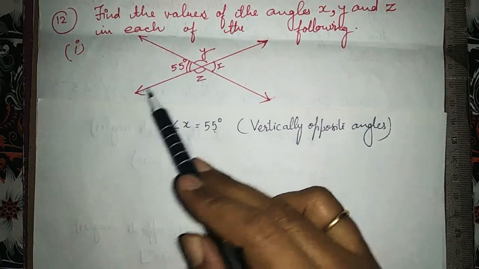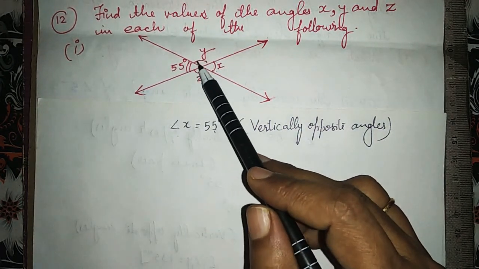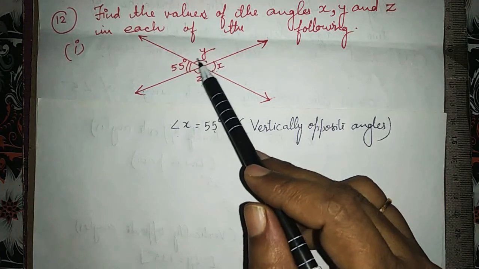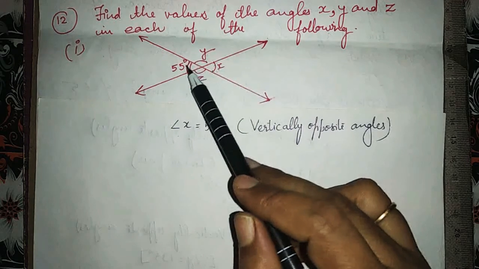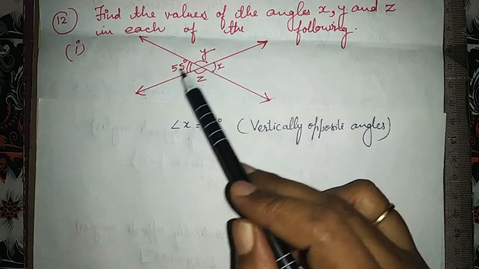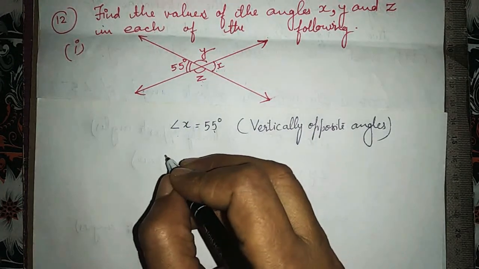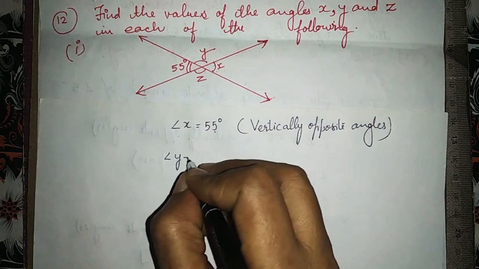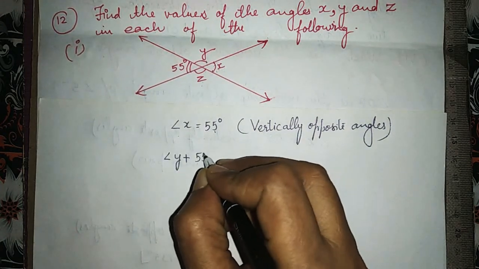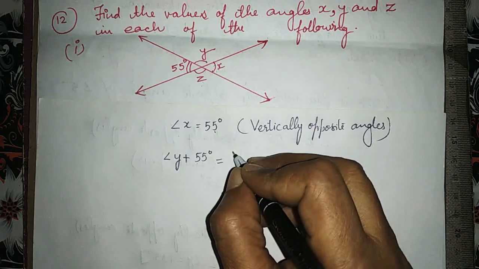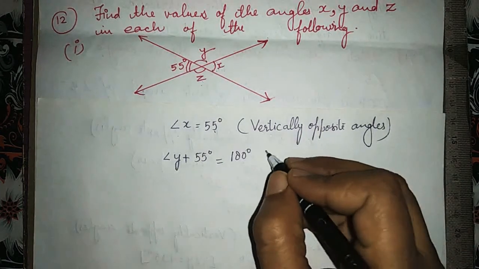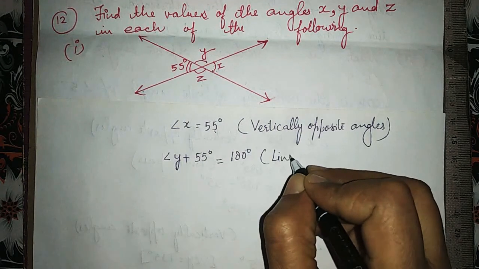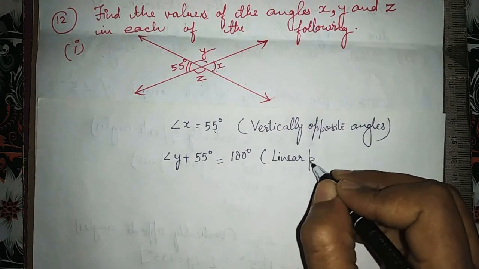Now after calculating the value of angle x, we will find the measure of angle y. Here we can see this 55 degree angle and this y. They both are on this straight line, so they are forming a linear pair. So here we will write angle y plus 55 degrees is equal to 180 degrees, and in brackets we write linear pair.